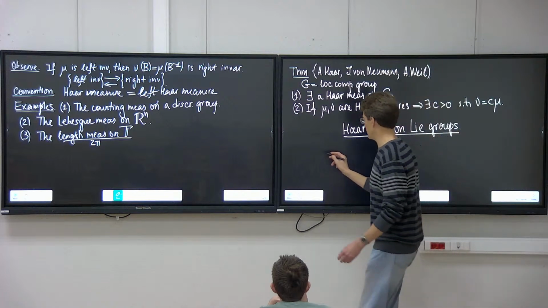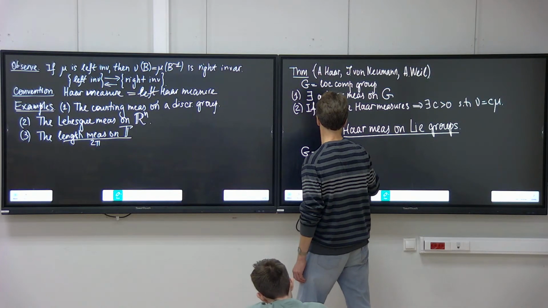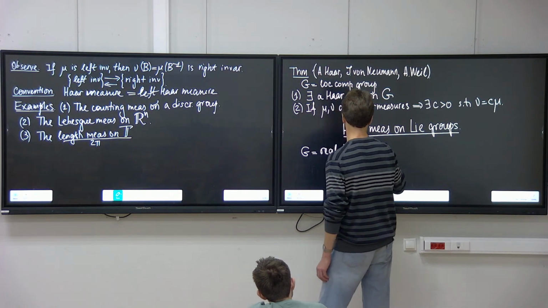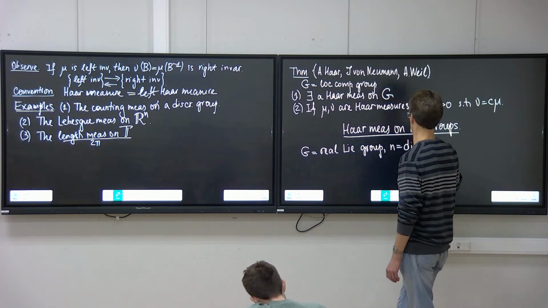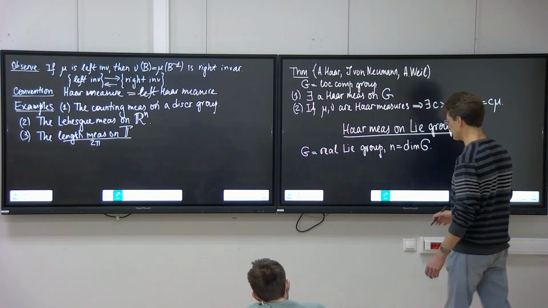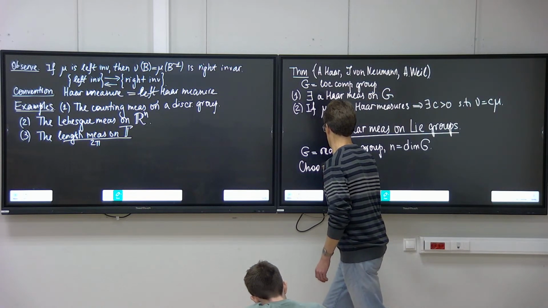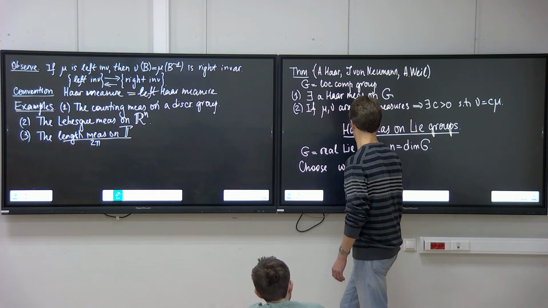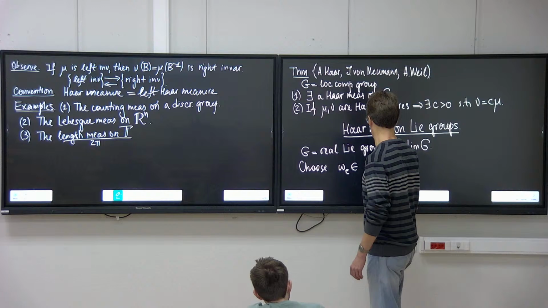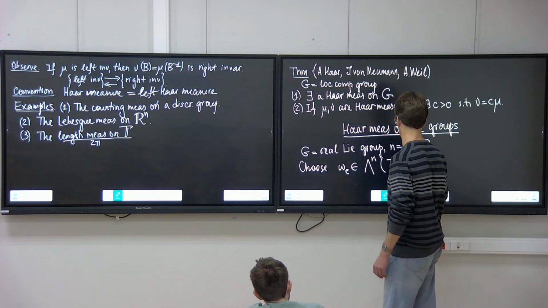So suppose that G is a real Lie group. Let L denote the dimension of G. Let's choose a non-zero element, let's denote it by omega e, in the higher exterior power of the cotangent space at the identity.